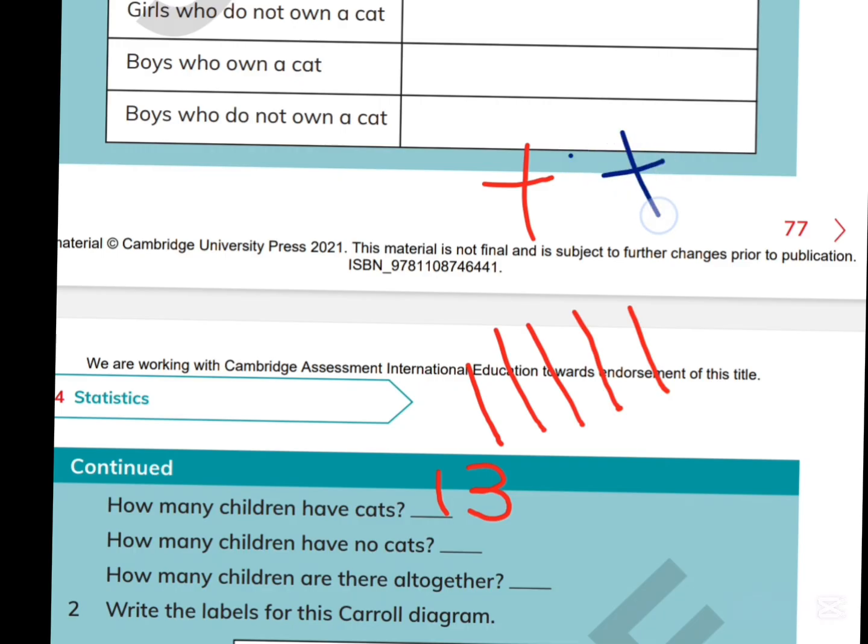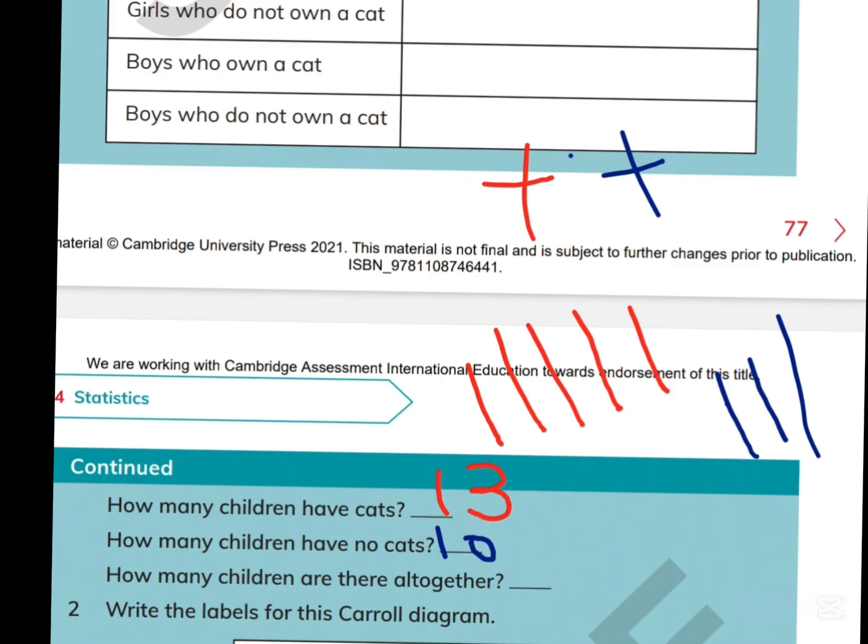Again you will do the addition, and you will keep the bigger number in your mind and the smaller number in your hand or in your copy. 7 is in your mind and 3 is in your copy. 8, 9, 10. So how many don't have a cat? 10 children do not have cats.